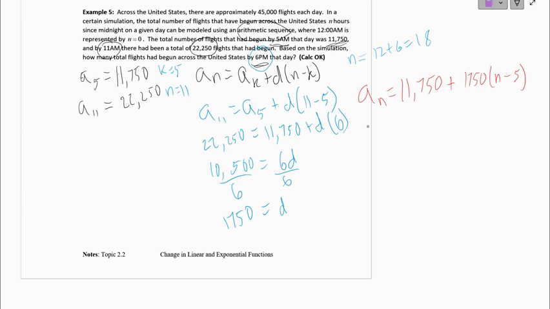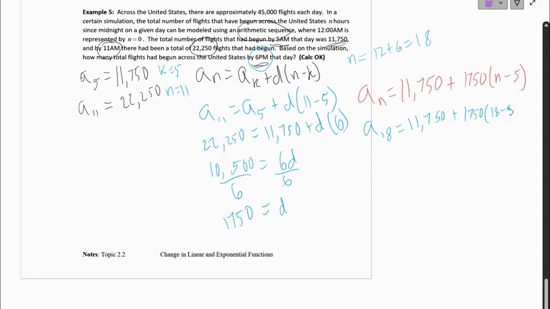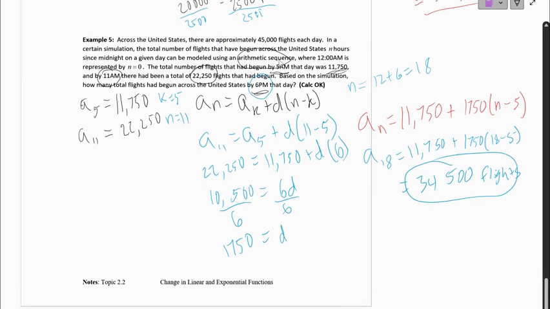So the n that I want to substitute in is 18. Now I'm just substituting it in and typing it into a calculator and getting an answer of 34,500 flights. That seems like a reasonable amount, especially if the total number of flights is 45,000 by the end of the night.